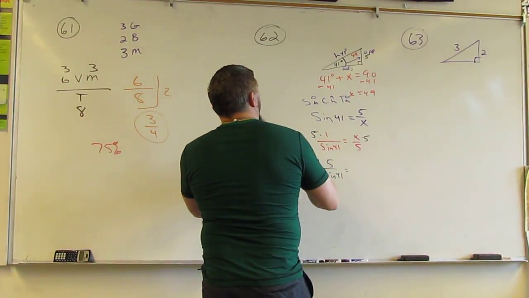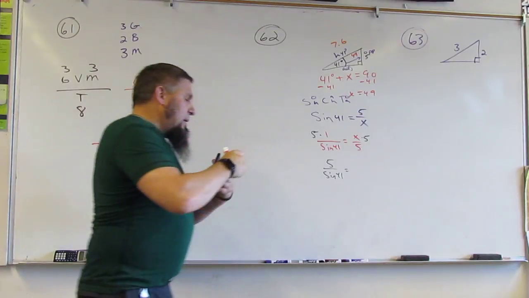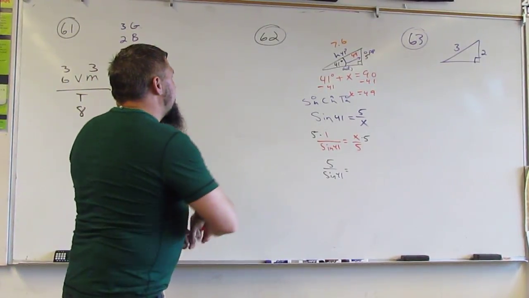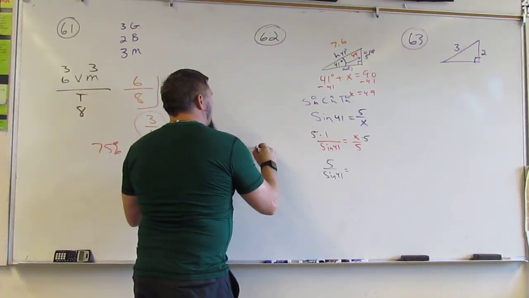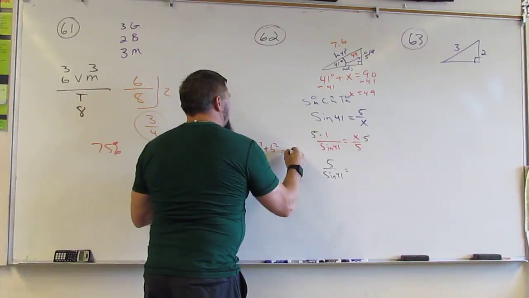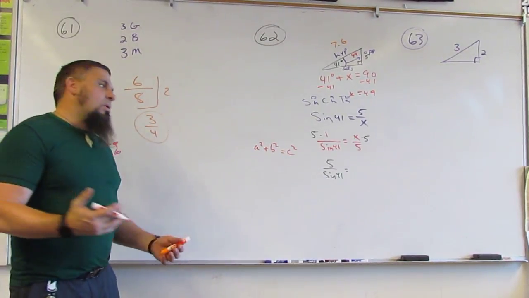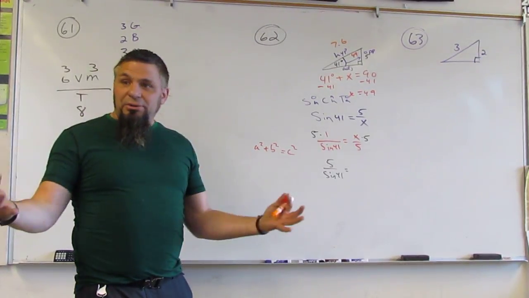All right, so the hypotenuse is 7.6. Now, a couple of ways we can solve. We can use that number and go a squared plus b squared equals c squared. Plug it in and chug that out. Or we can just look at, instead of sine, cosine.